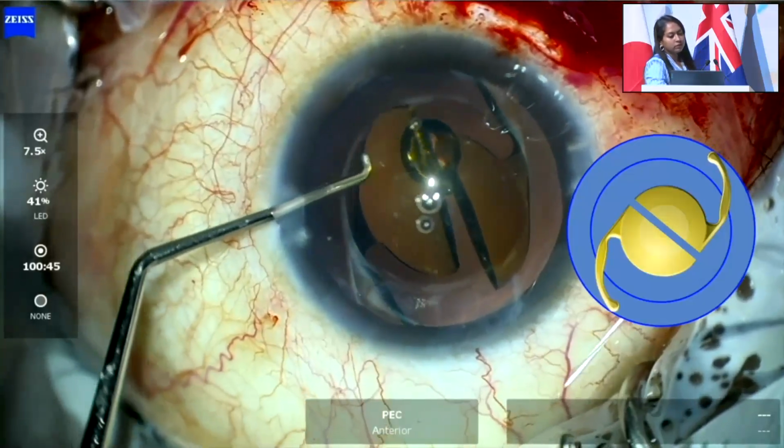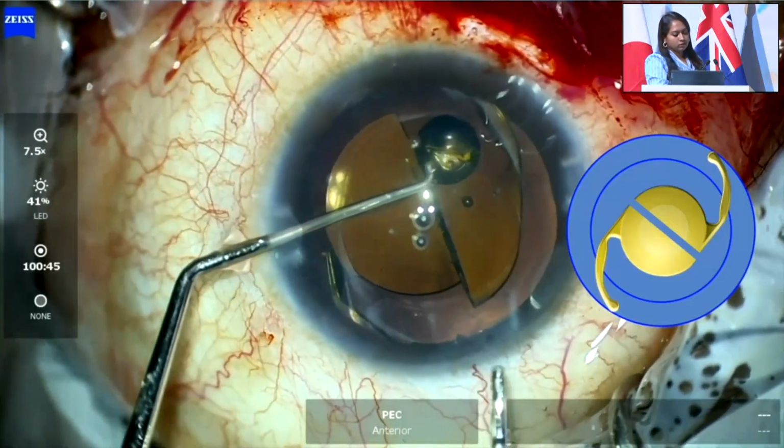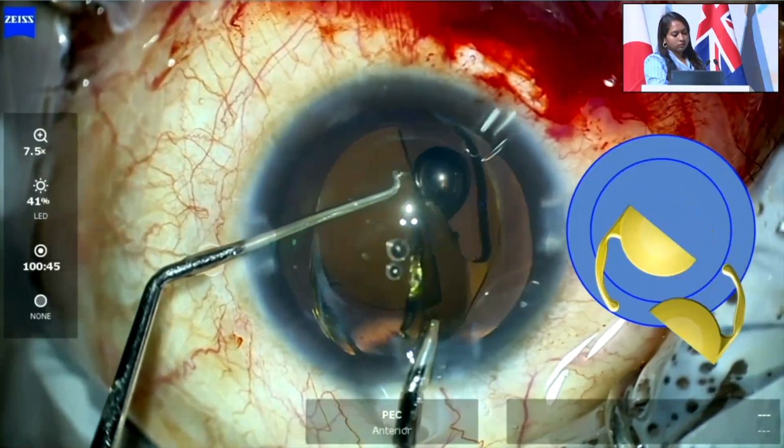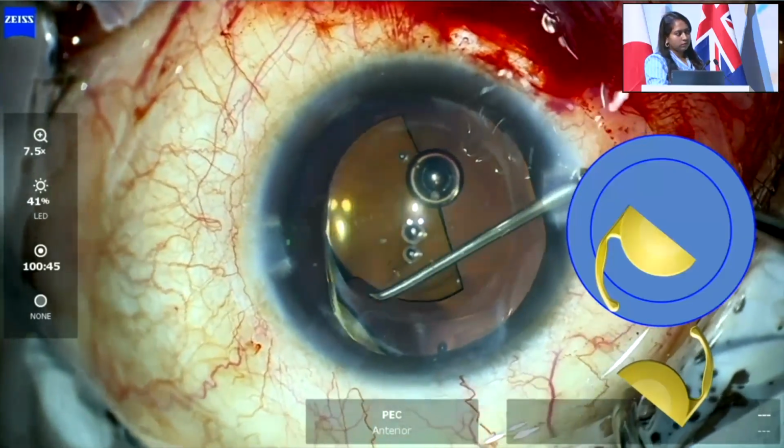Then, intraocular microforceps was used to pull out each haptic from the fibrosed tunnel. And the two halves of the IOL were removed separately.